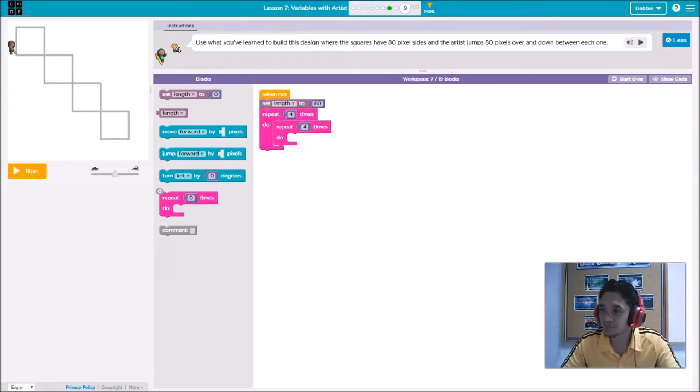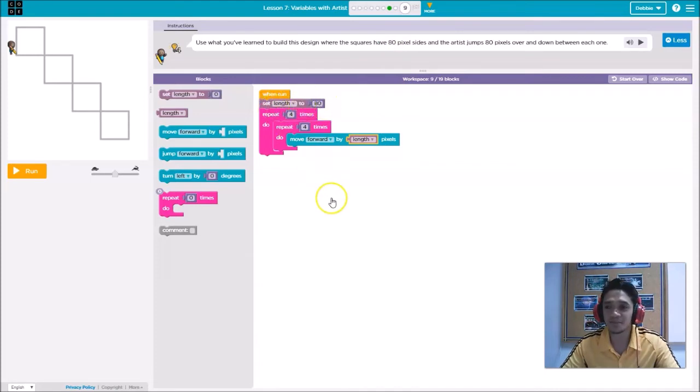Okay, next part. We have to move forward. What is the length? The length is 80. So 80 is the length, and we already put the description up here.